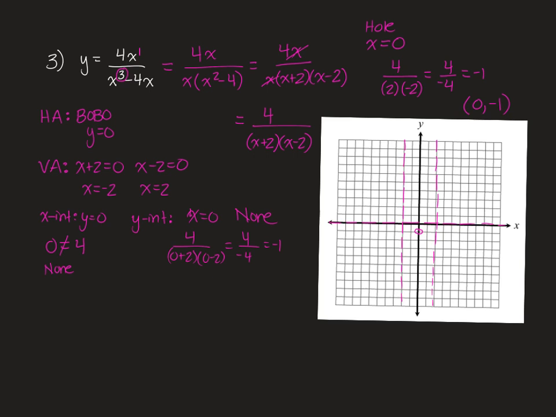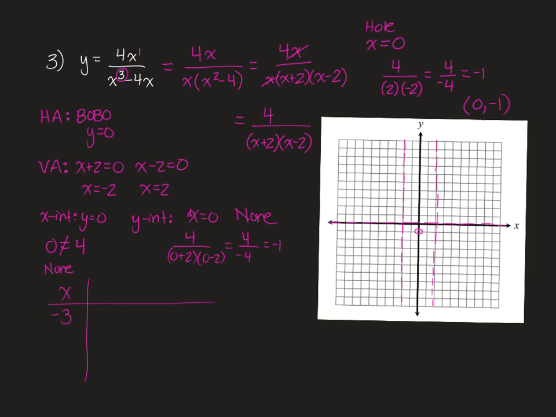So now we need to actually find some points to the left and right of our vertical asymptotes. In this case, we're going to need a lot of points. So let's look to the left of -2. So let's look at -3.